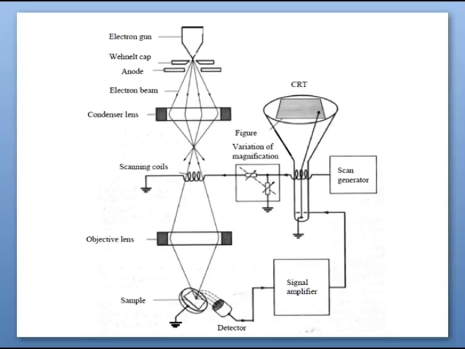These electrons are referred to as primary electrons, passing beside the anode, and are passing through the condenser lens. Basically, the condenser lens is a set of coils which will divert the electrons coming through the electron gun at a particular angle, so that those primary electrons can reach the objective lens.